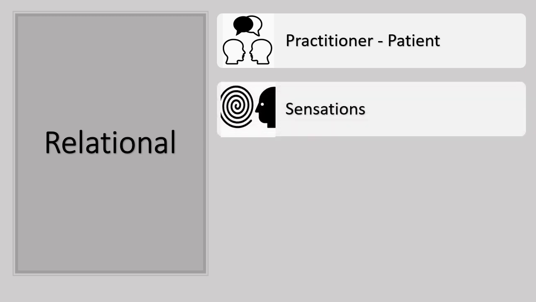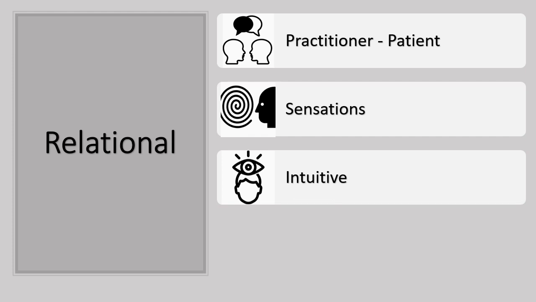Then the relational model also takes into account sensations, because every symptom has a different sensation and meaning for that person at a deeper level. This process is also largely intuitive. In science, we are told to look beyond intuition, but that's not correct when it comes to healing.